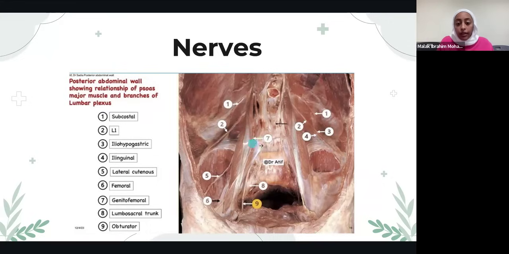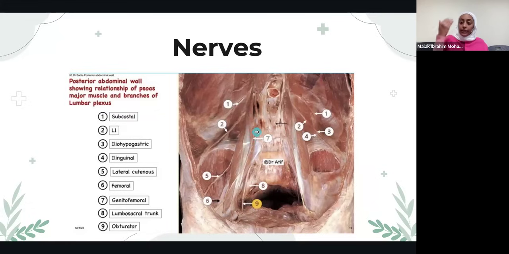Okay, let's talk about number 7. What muscle is this? Can someone guess? Let me see the chat. Yes, exactly, it's psoas major. This nerve is basically anterior to the psoas major.